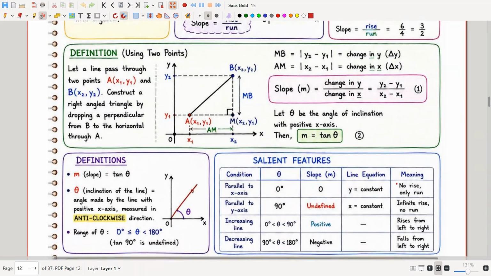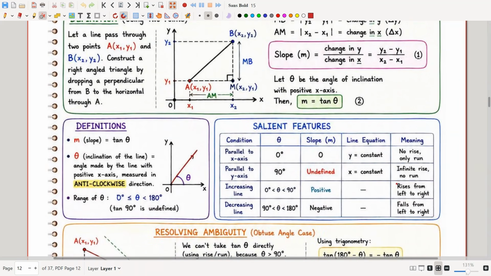And there are other definitions for slope also. Slope is also written as m is equal to tan theta, and theta will always lie between 0 and 180 degrees.